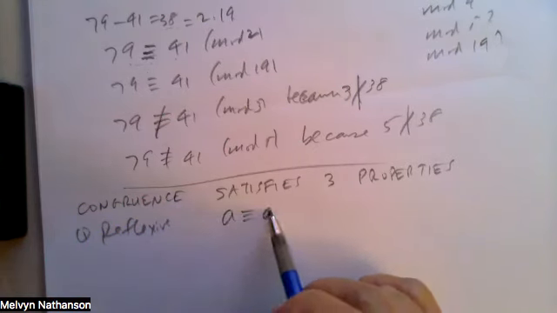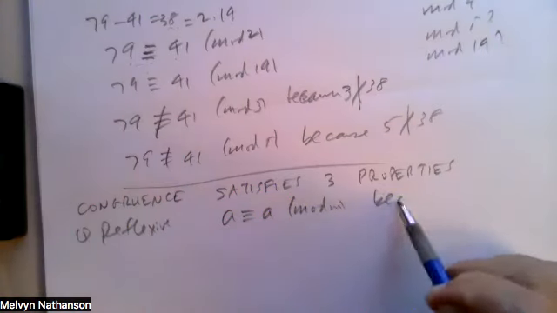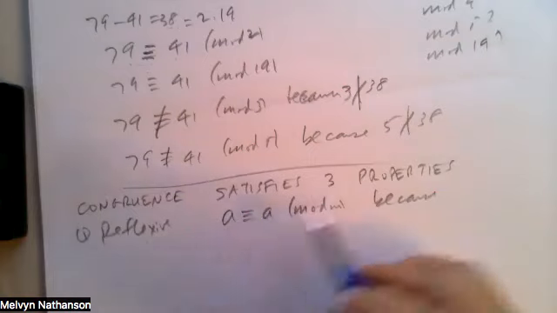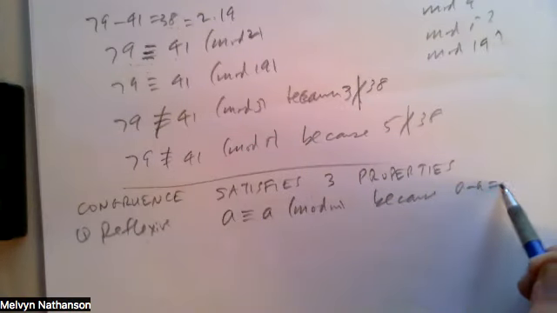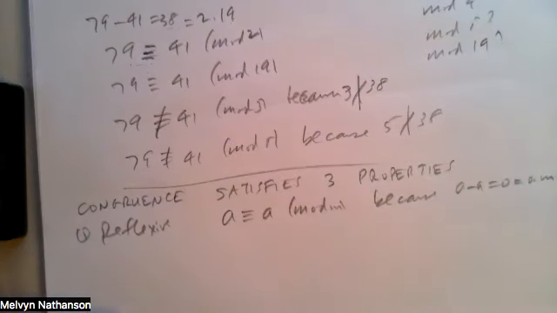Every number is congruent to itself mod M, because what is the difference? A minus A is 0, and 0 is divisible by every number. So the first property of congruence is reflexivity. Every number is congruent to itself mod M for all A and M.